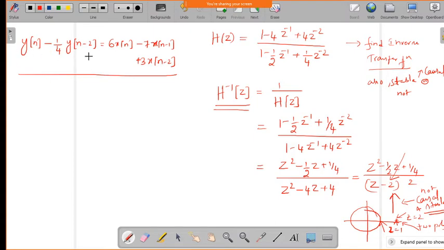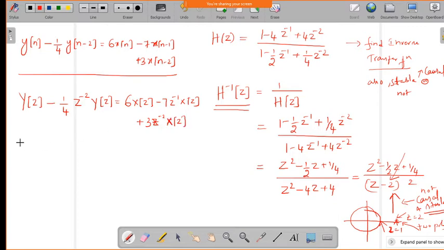So now find out the transfer function. How will we find it? Take the z transform of this difference equation: Y of z minus 1 by 4 into z power minus 2 into Y of z equals 6 into X of z minus 7 into z inverse into X of z plus 3 into z power minus 2 into X of z.